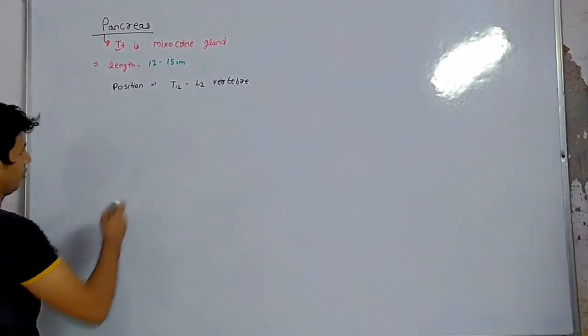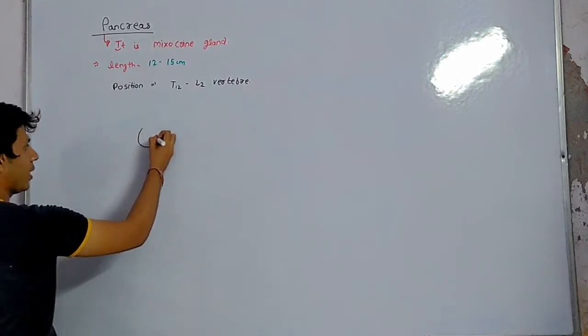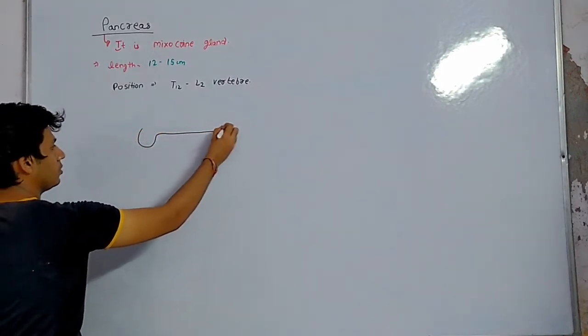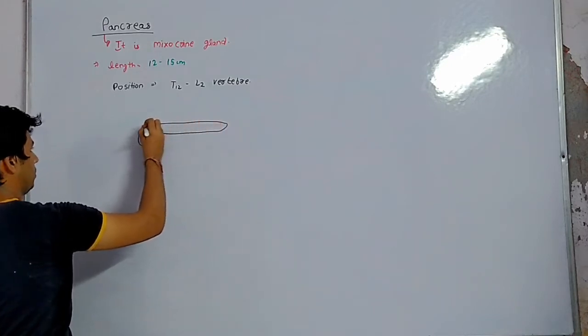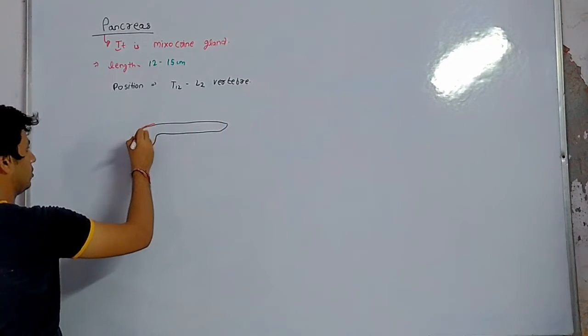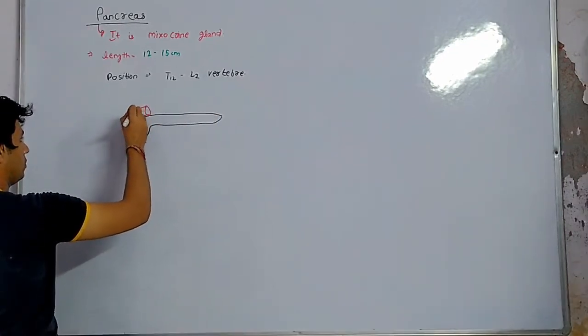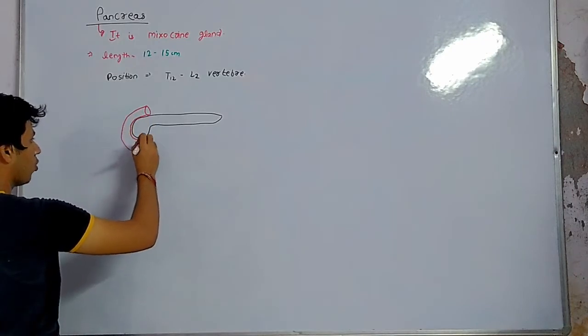First, we draw a diagram. This is the pancreas, and here the duodenum is present like this.